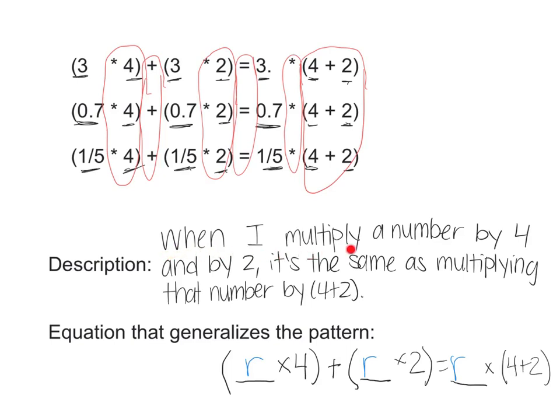When I multiply a number by 4 and by 2, it's the same as multiplying that number by 4 plus 2. I take a number, I multiply it by 4, and I multiply it by 2, I add them together. That's the same as multiplying that number, so whatever this number is, that number by 4 plus 2.